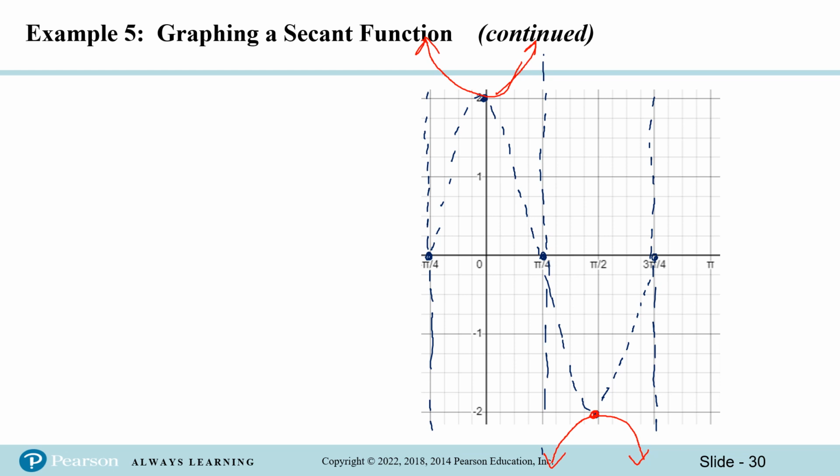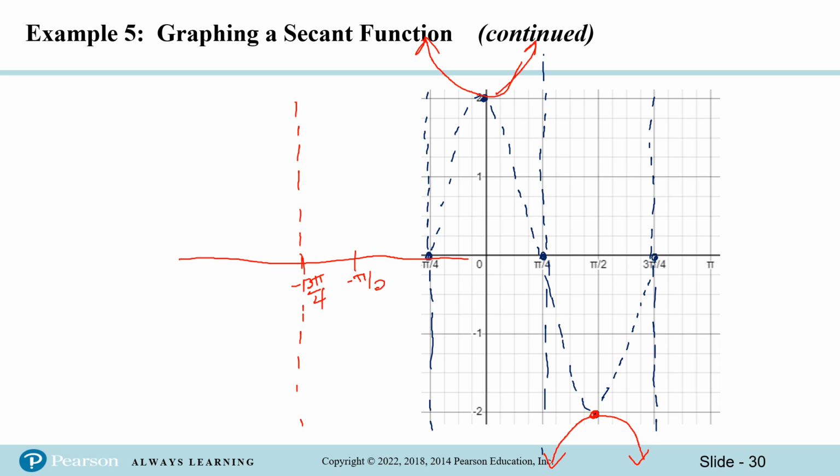Oh, they said between negative 3 pi over 4 to positive 3 pi over 4. Oh, we didn't go far enough. Negative pi over 2, negative 3 pi over 4. So I need another asymptote.